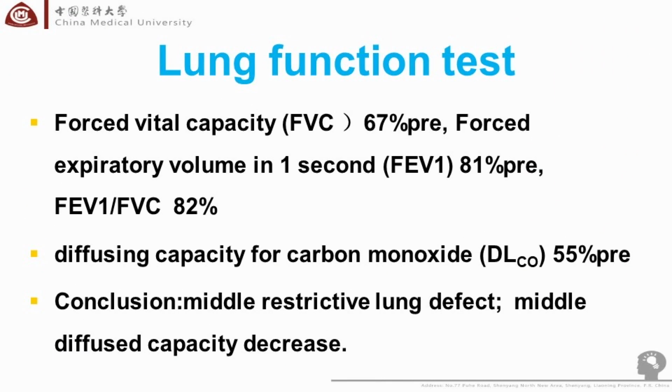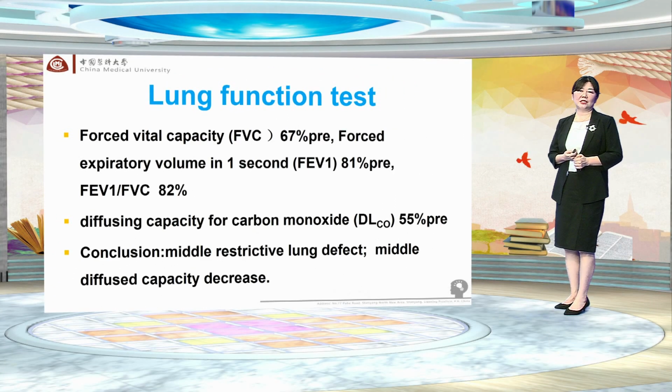Lung function tests showed forced vital capacity, FVC, was 67% of predicted, and forced expiratory volume in 1 second, FEV1, was 81% of predicted, and FEV1 versus FVC was 82%. The diffusing capacity for carbon monoxide, DLCO, was 55% of predicted. So the conclusion was mild restrictive lung defect and mild diffusing capacity decrease.